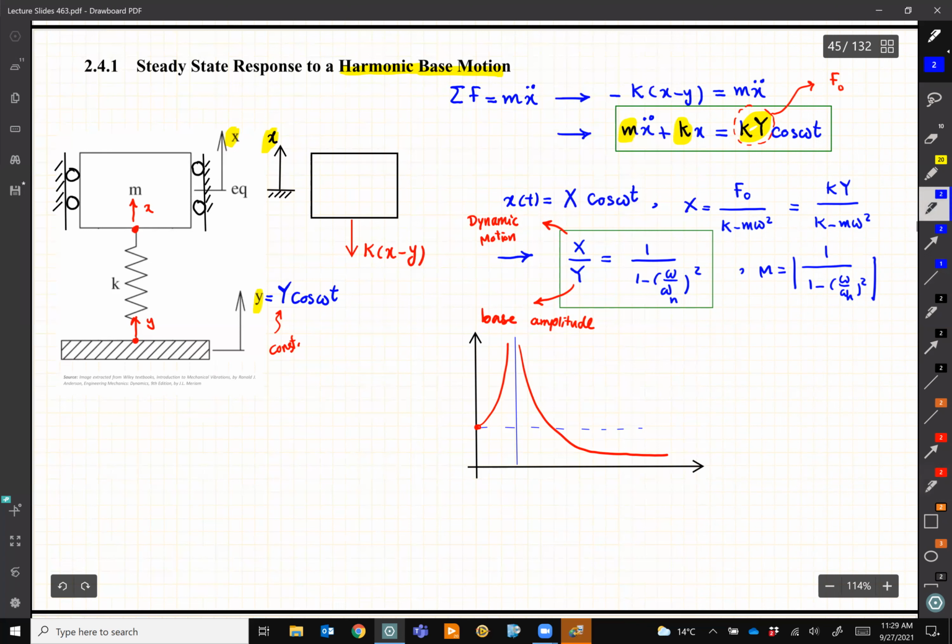And this is M or X over Y. And this is omega over omega n. And the same story, if it is bigger than the square root of 2, then we are happier because it means less vibration is going to transmit to the base. Sorry, to the system M. Let's say M is your car and you want less vibration.